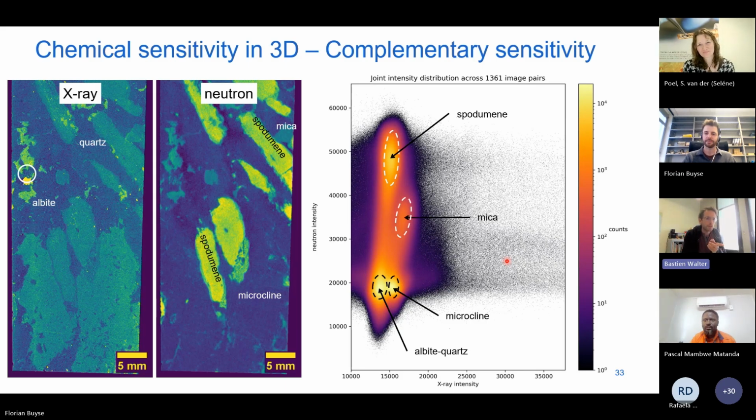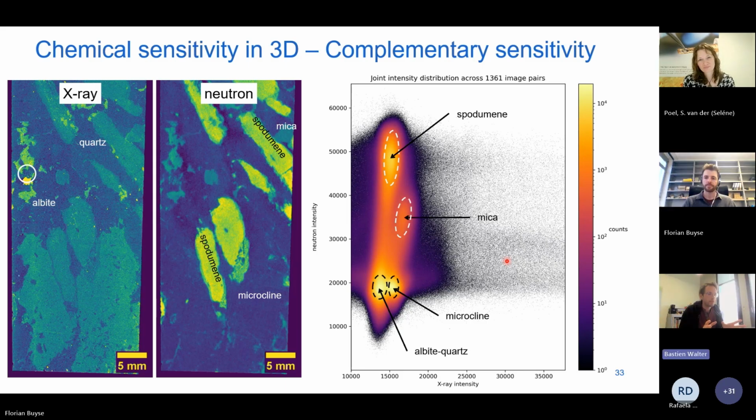Because in this paper, you always have prior knowledge about the samples you're analyzing. Is there any advantage to using spectral XCT if you don't have any information about your samples? Yeah, for sure. I did this just to be sure the system works like it should.